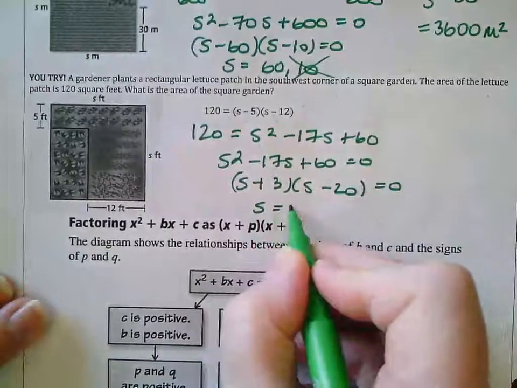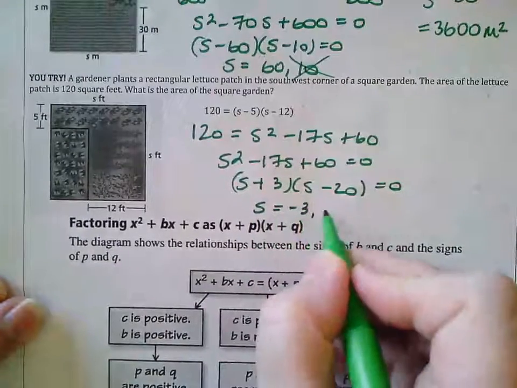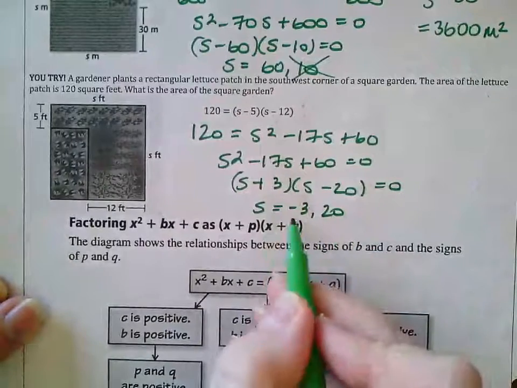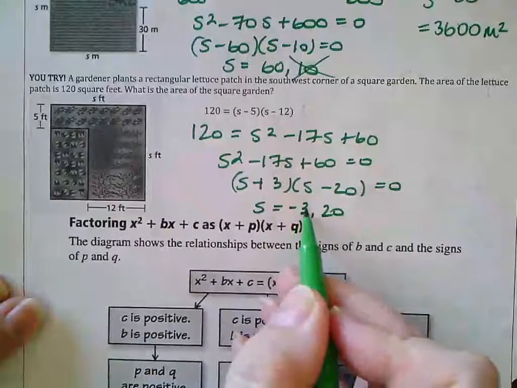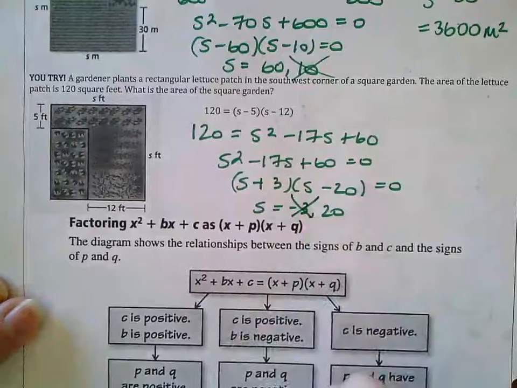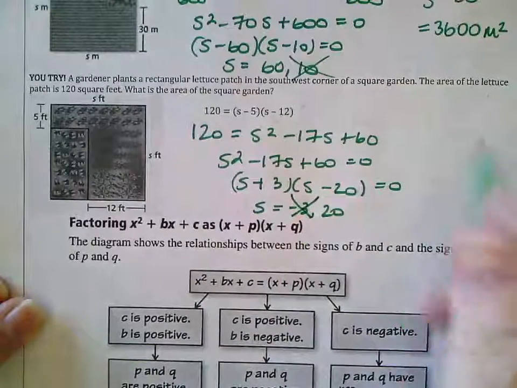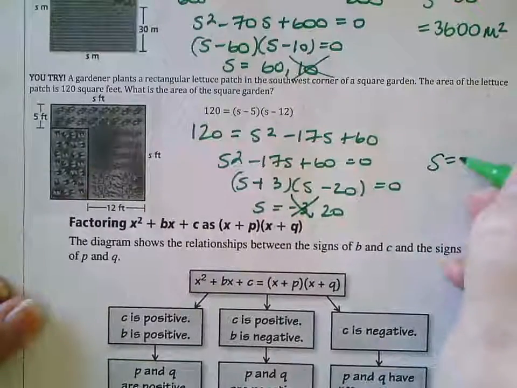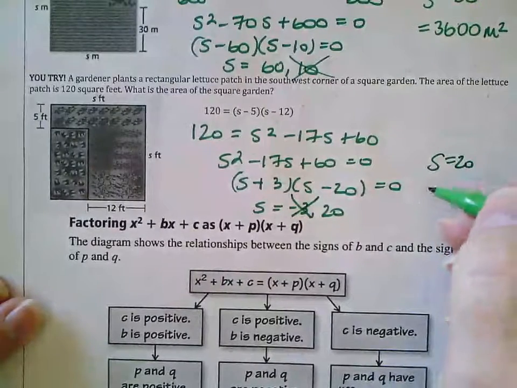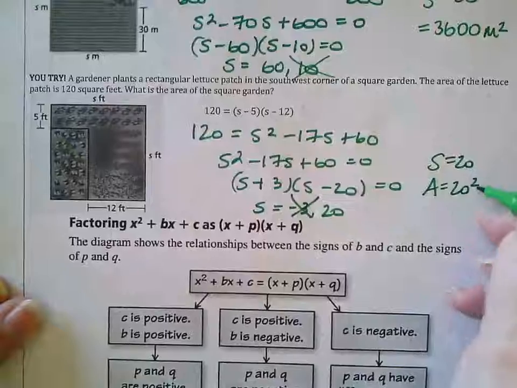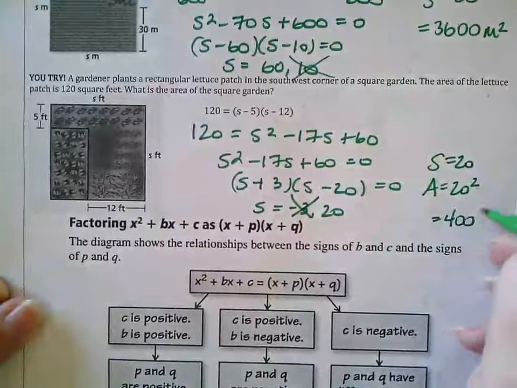Solve. Notice this is negative. In this particular problem, distance cannot be negative. It's not going to work. So the answer doesn't make sense. So S is equal to 20. That means the area is 20 squared or 400 feet squared.